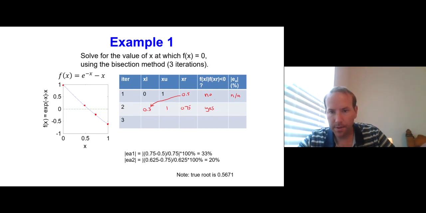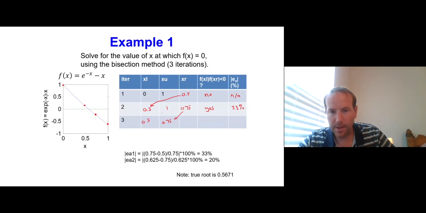And we find that the approximate error going from 0.5 to 0.75 is 33%. Okay, and so since this was found to be on the lower interval, that means that the new upper value is coming from the root right here, 0.75.